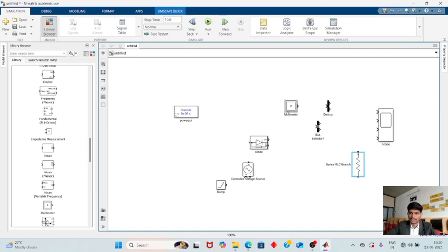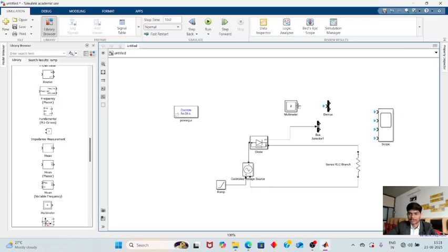Simply we connect the ramp to the control voltage source, and the control voltage source is connected to the diode. Then the diode is connected to the series RLC branch, and the voltage source is connected to the series RLC branch. Then connect the diode to the bus selector.